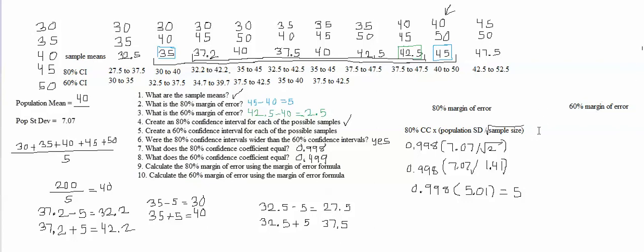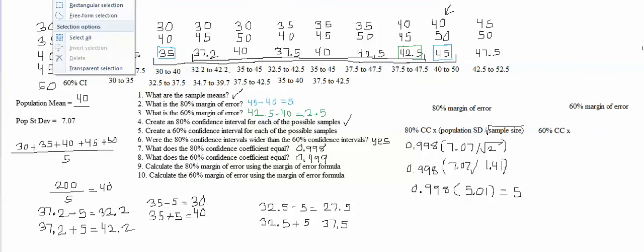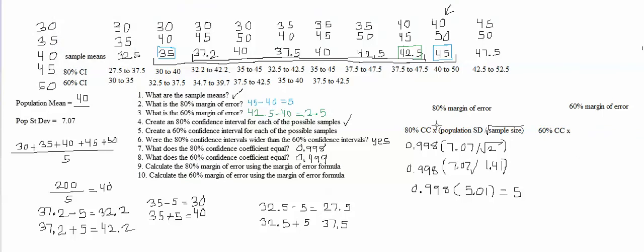This is going to look very similar to what we did last time. Just instead of the 80% confidence coefficient, it's the 60% confidence coefficient times the same thing right here.